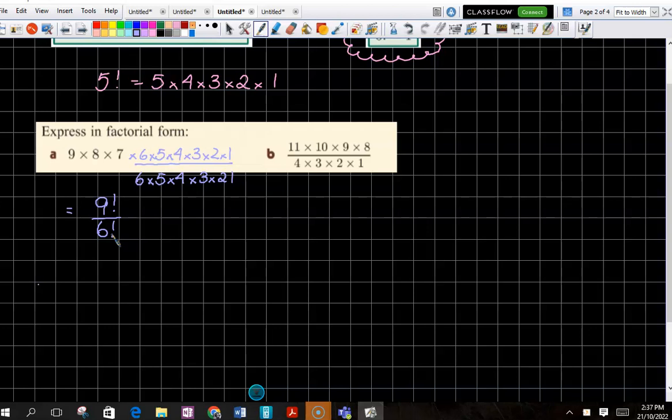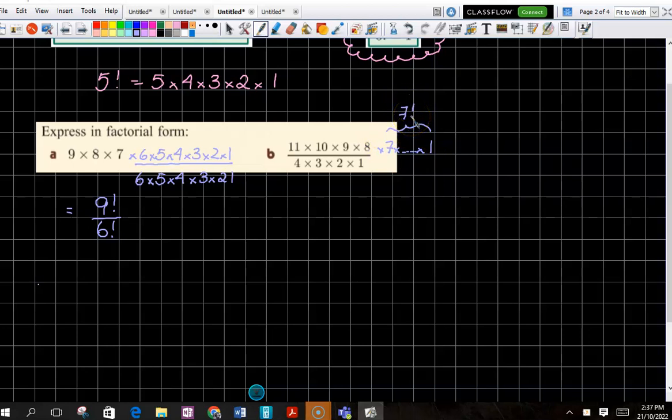Same thing over here. How would I write this using factorial notation? Clearly the top line we really want to put 11 factorial, but to do that we have to write 7 times 6 times 5 times 4 times 3 times 2 times 1, which is indeed 7 factorial. Would you agree?